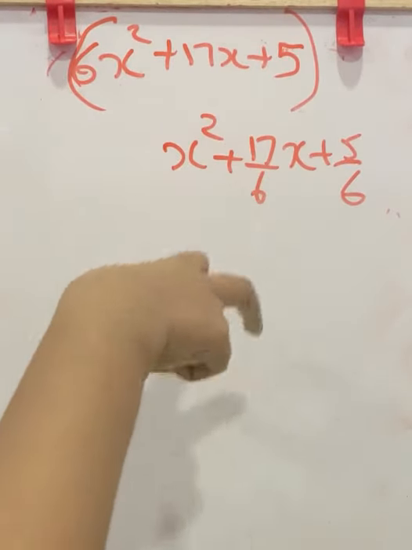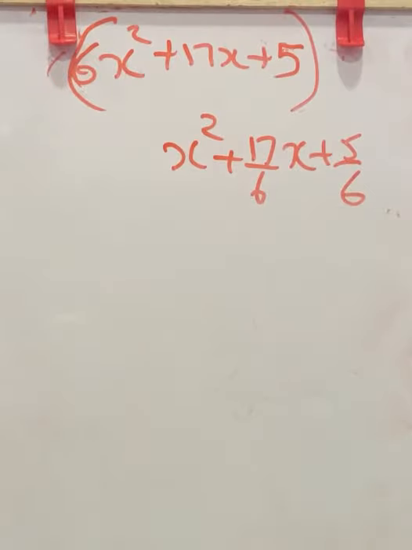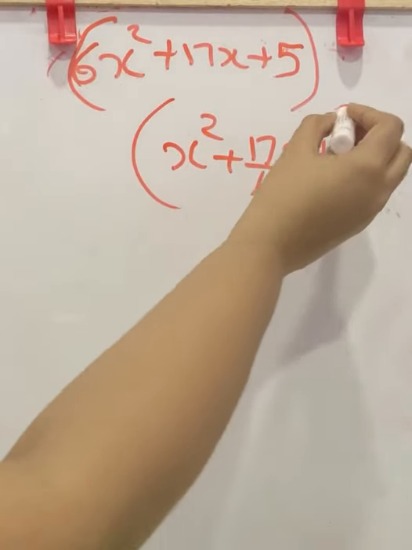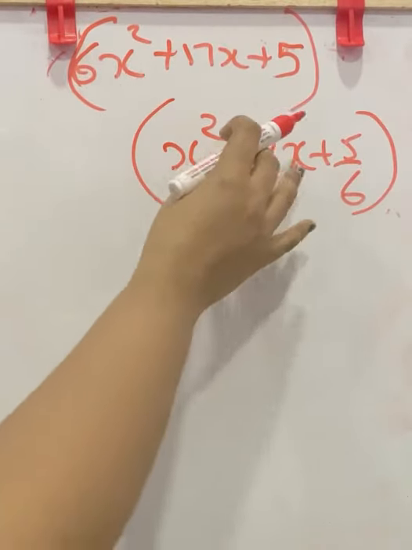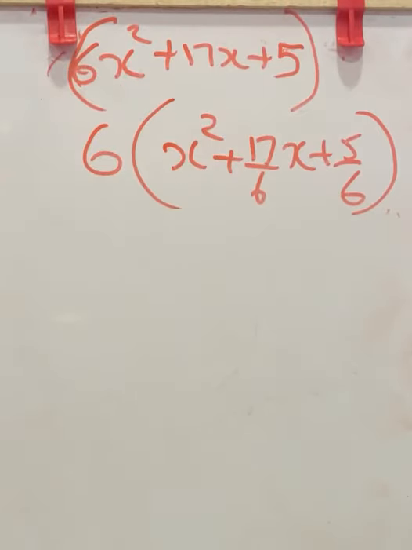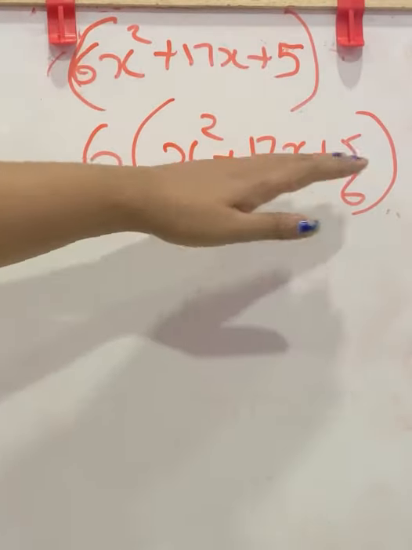So we find the factors of this polynomial, not this. To find the factors of this polynomial, we need to multiply it with 6. Then only it becomes the question polynomial. This is not actually the question polynomial.